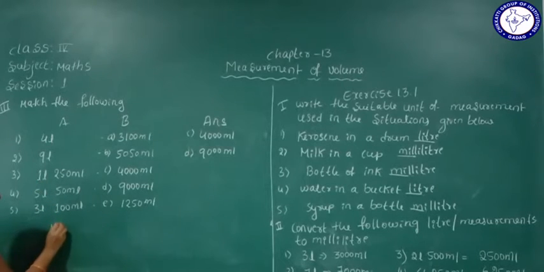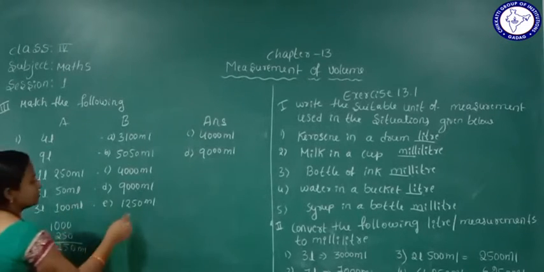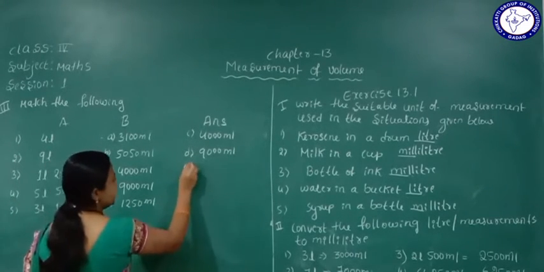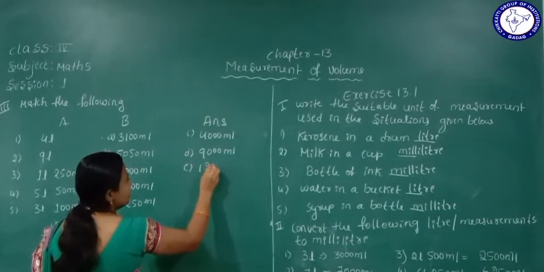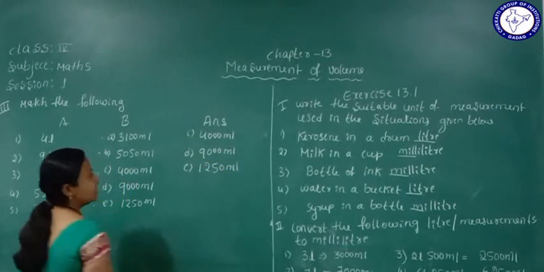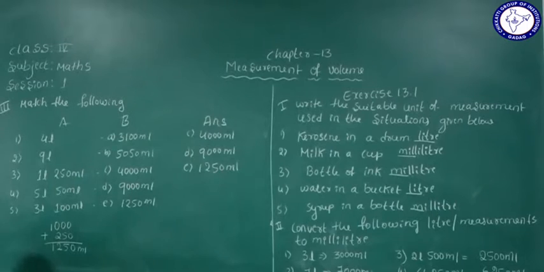Yes, 1000 milliliter plus how much will we add here? 250 we will add to that. 1250 ml, that is E. Third one is 1250 ml.